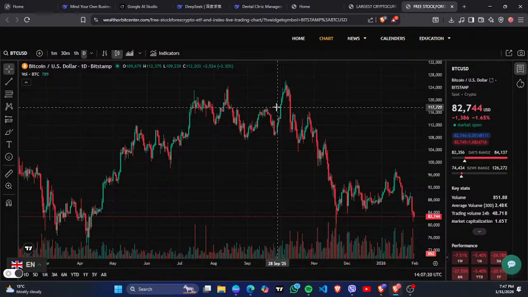So we are going to analyze this, and this analysis is based on my own perspective. Okay, so don't try to trade hard. Just try to think for the long term. If you think for the long term, then you can maximize your return.